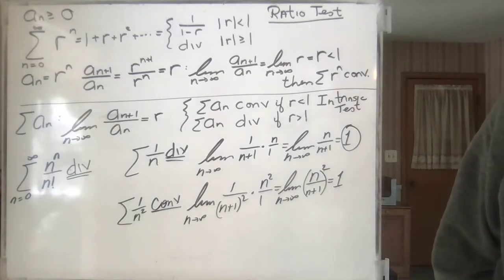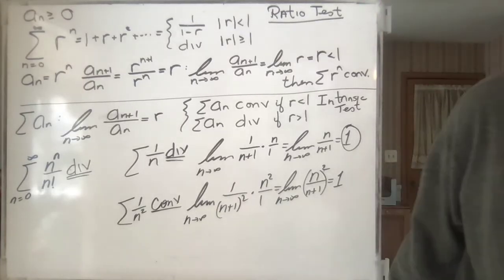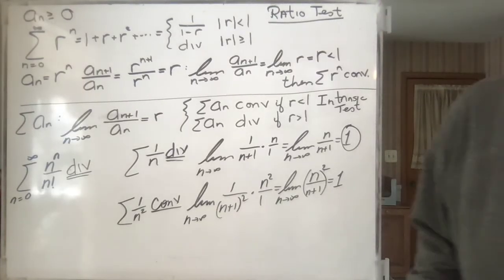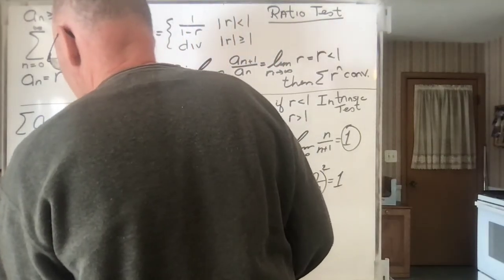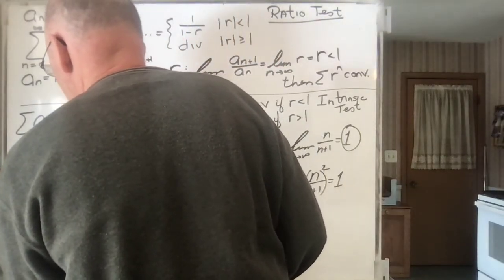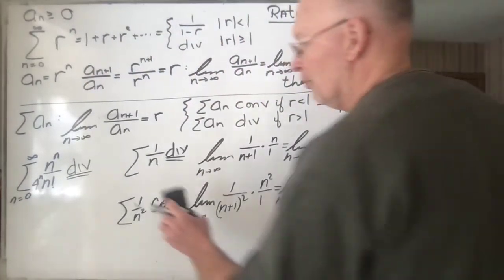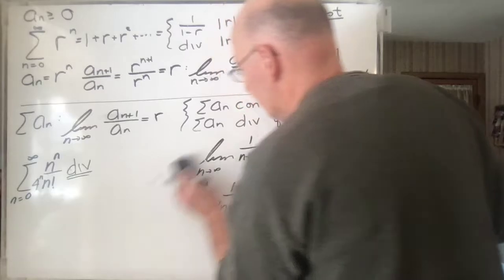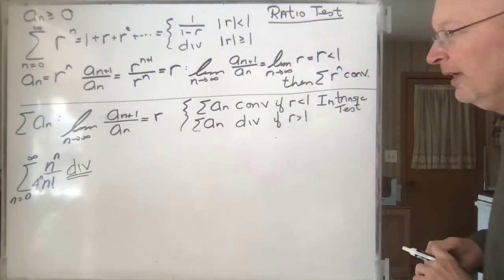Okay, let's try one other one just for the fun of it. These are all kind of fun. Let's try this one instead. Put a 4 to the end there. What happens if you have a 4 to the end?